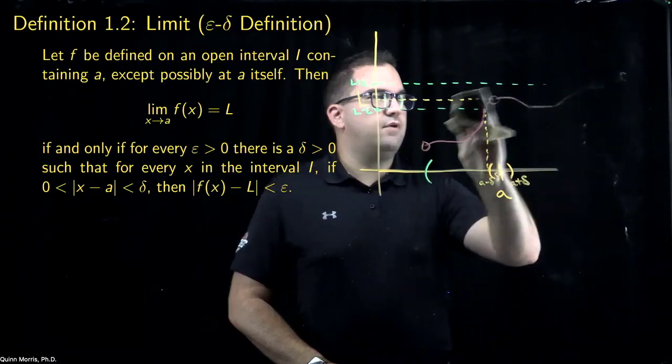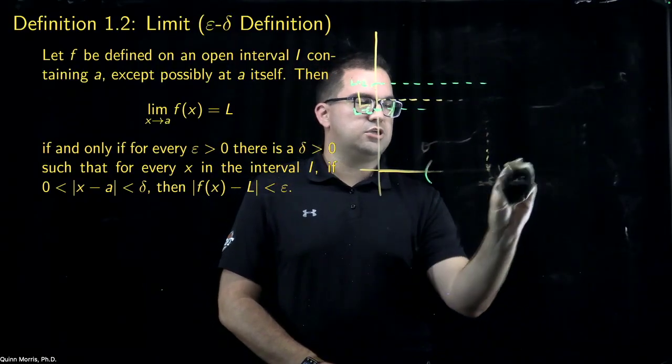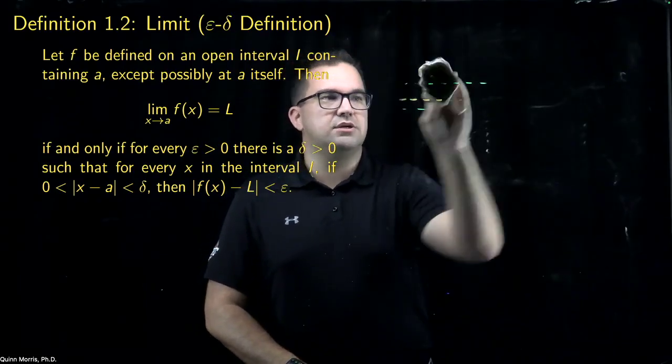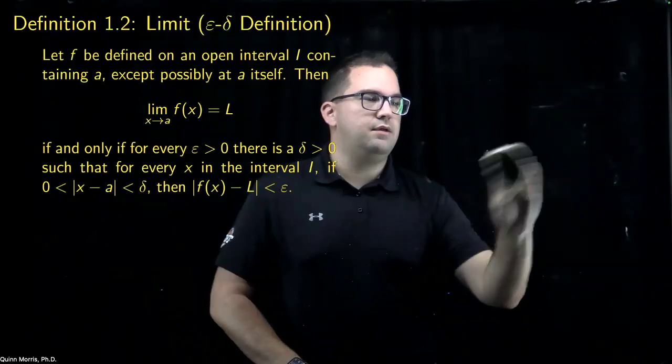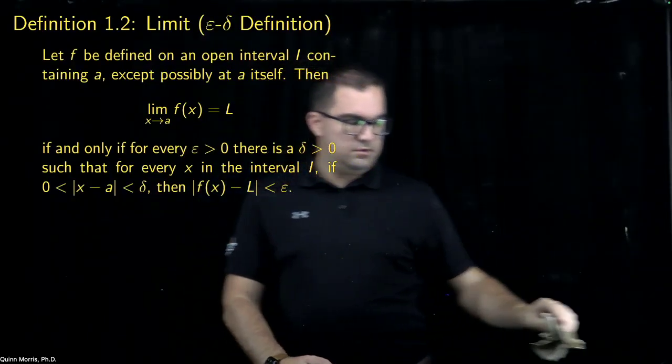Now, a couple of notes about this. The first thing I want to note is that if we go back and look at the formal definition, it does include several of the features that we had in our informal definition.